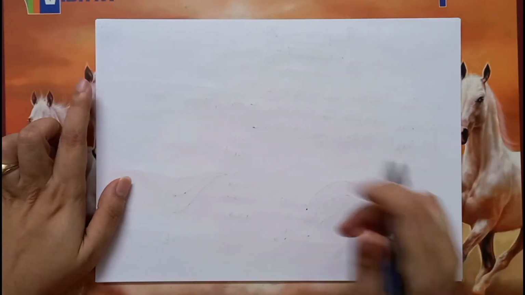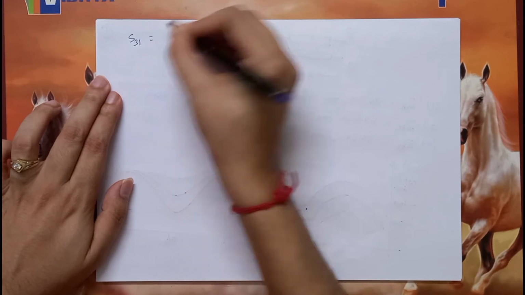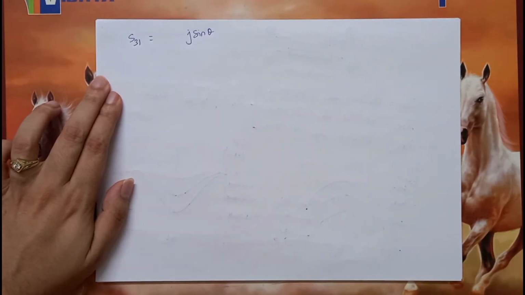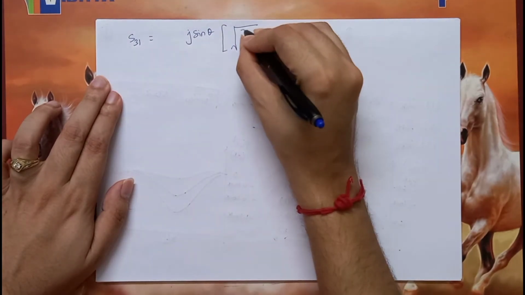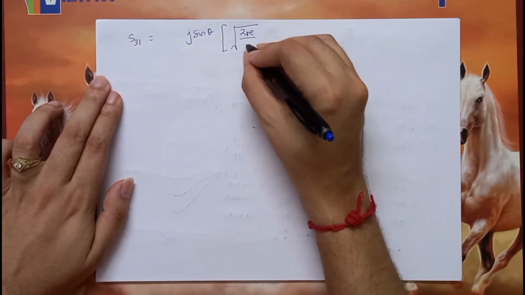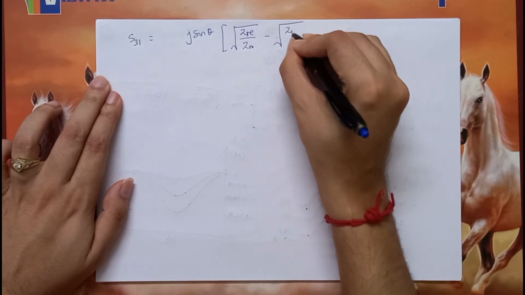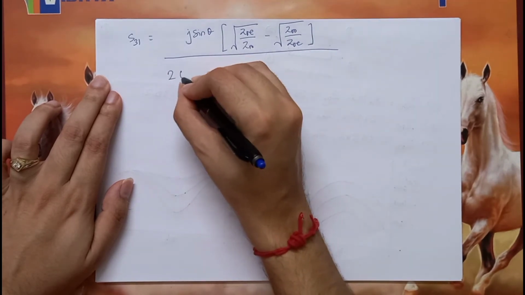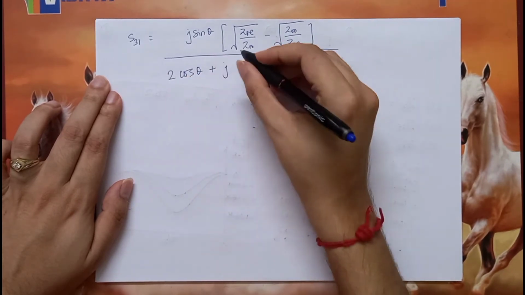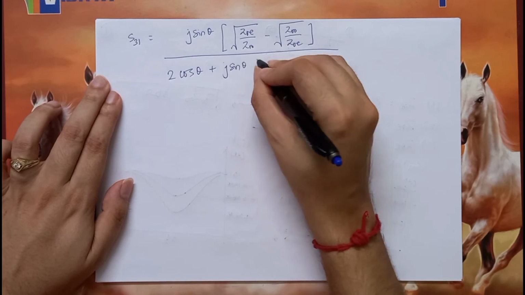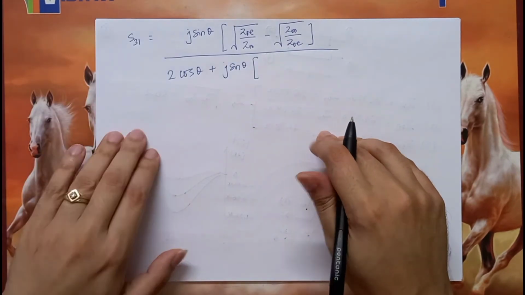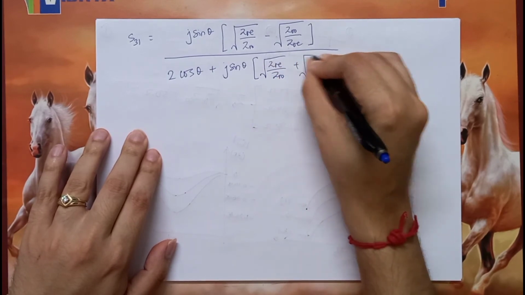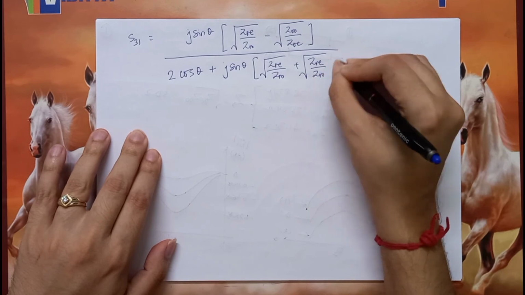S31 was j sine theta times root of Z0e by Z0o minus root of Z0o by Z0e, divided by 2 cos theta plus j sine theta times Z0e by Z0o plus Z0o by Z0e.